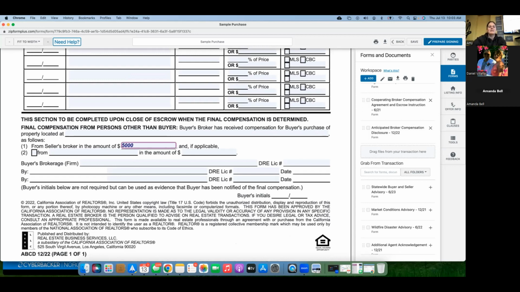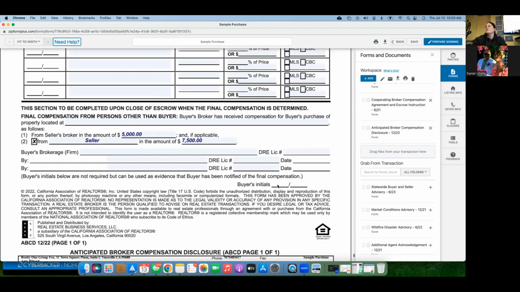And from the seller, we're getting an additional 7,500 for an additional 1.5%. Then you put the buyer's broker's firm there, and you have your buyer initial at the bottom. Or you could say that from the buyer, we're getting that additional 1%. So whoever's paying that difference, if there is one.